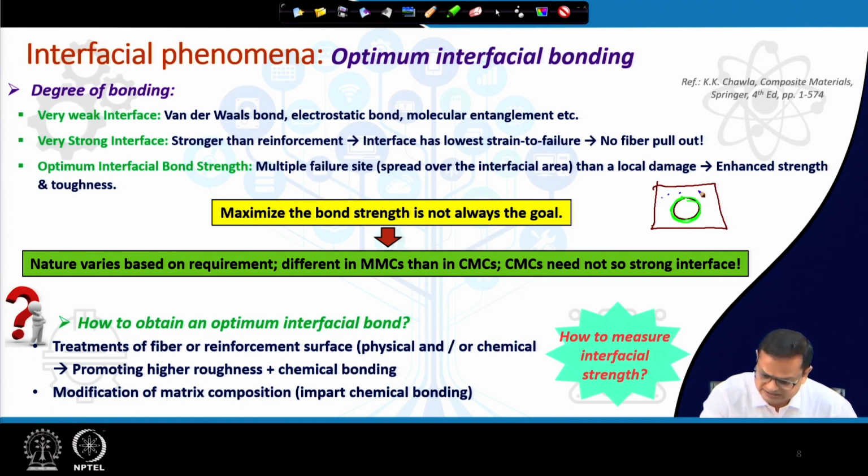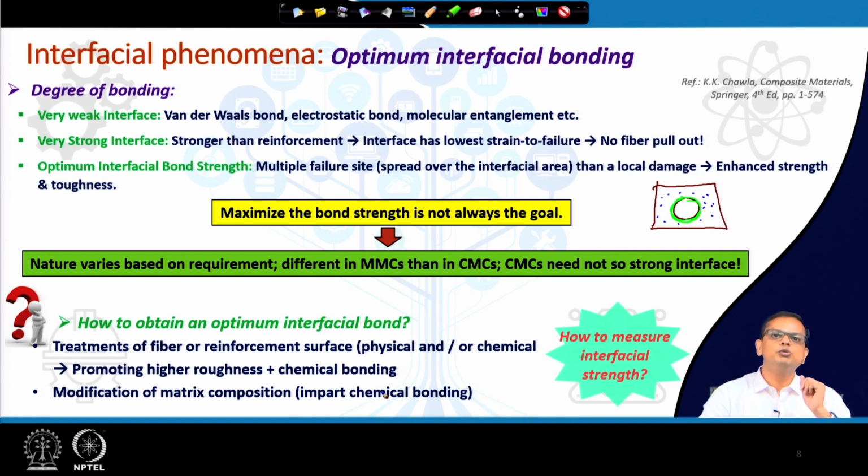So, you can incorporate certain elements or certain phases which would promote chemical reaction at the interface. Either way we can do it: we can have a coating of a particular phase on the reinforcement, or we can have certain elements or phases in the matrix itself, and that would lead to some kind of chemical reaction at the interface.